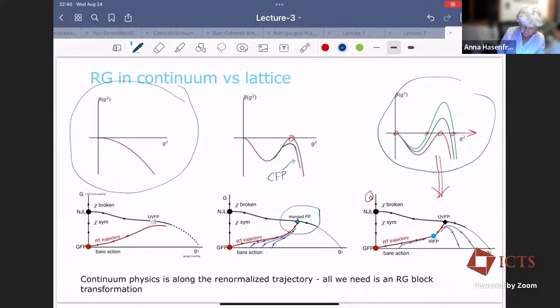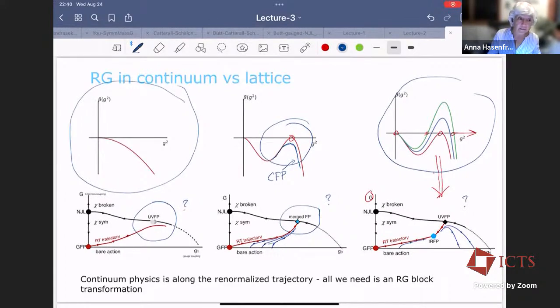Again, it's a hypothesis that most likely, as consistent with this picture here, the fixed points or the lines, the renormalized trajectory and this transition line, will split. They will just go by each other, avoiding contact and avoiding a fixed point. But we really don't know if any of this really happens on the lattice.